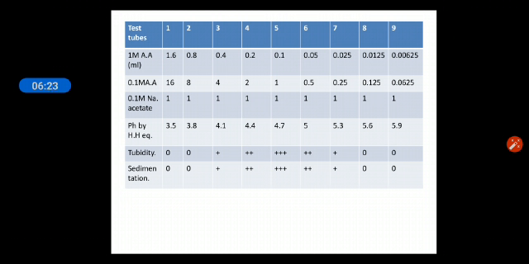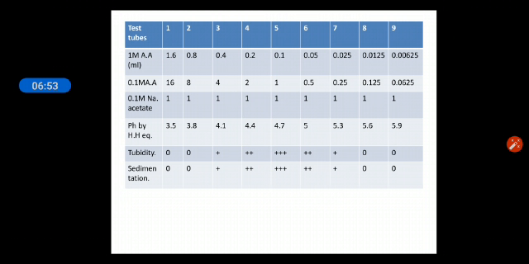Similarly, in test tube number 2 there is 0.8 ml of 1 molar acetic acid, that when converted to 0.1 molar is 8 ml, and similarly in test tube number 3, 0.4 ml of 1 molar acetic acid is written, and when converted to 0.1 molar acetic acid it is 4 ml.